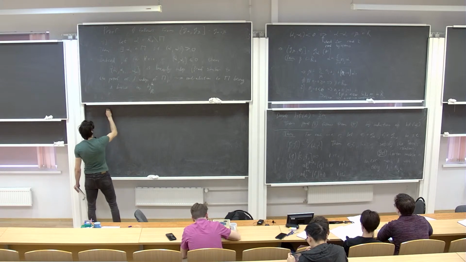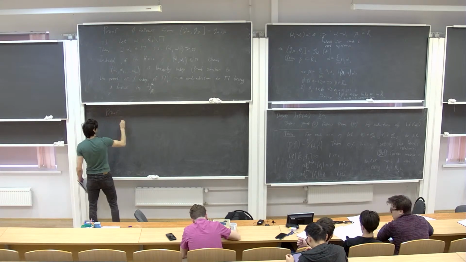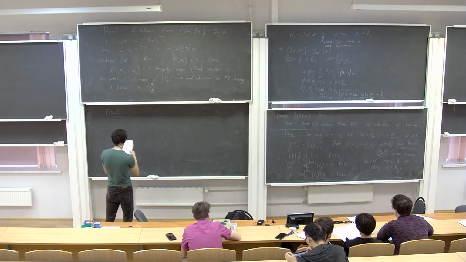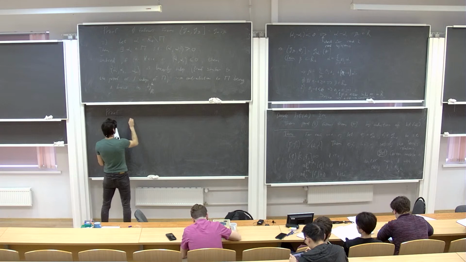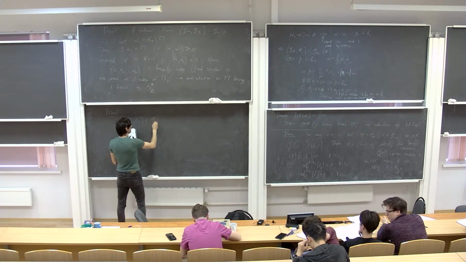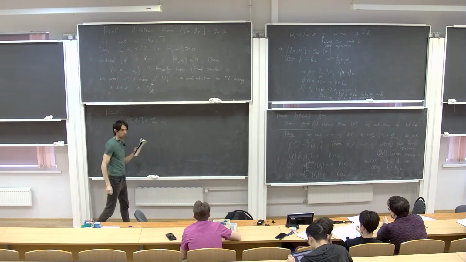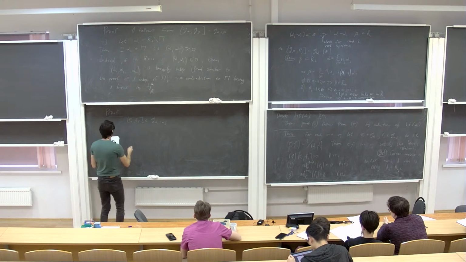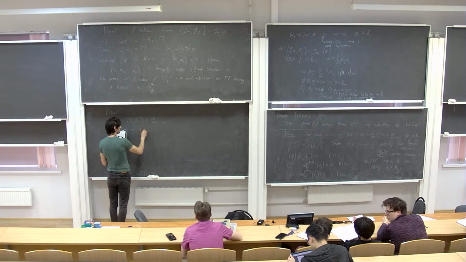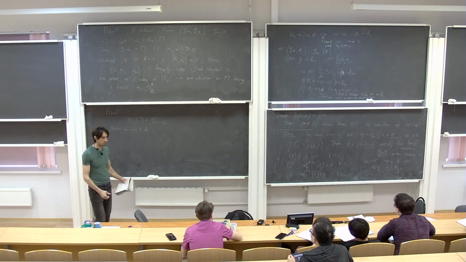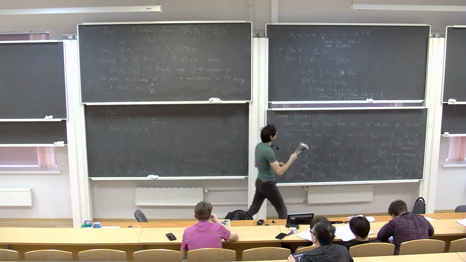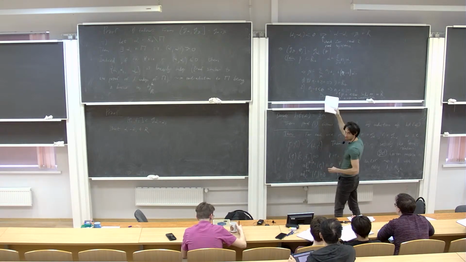Proof. First let me prove number 1. Notice that [E_i, F_j] is inside g of alpha_i minus alpha_j. But alpha_i minus alpha_j is not a root, for the same reason as we used here, the same argument.